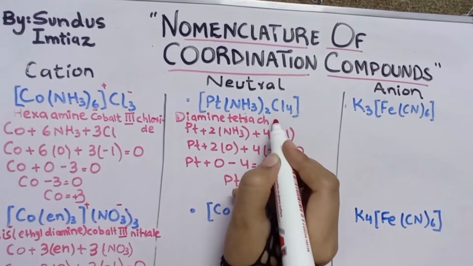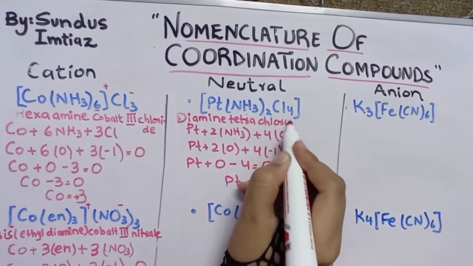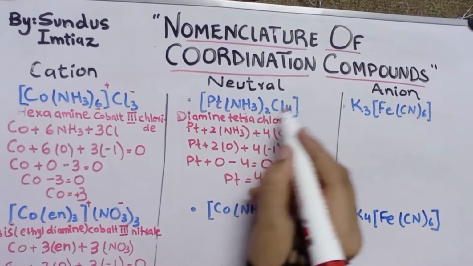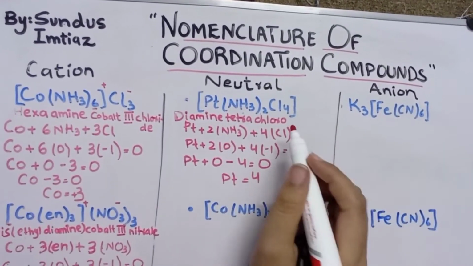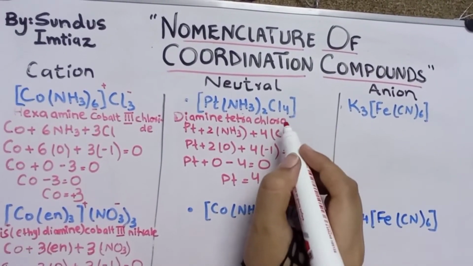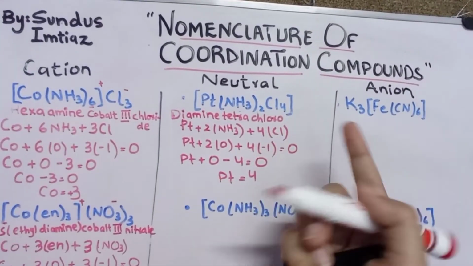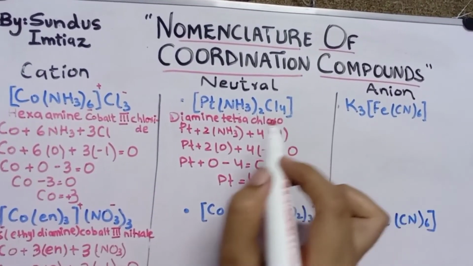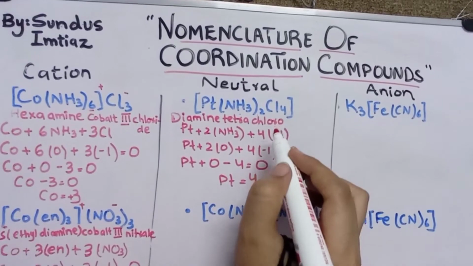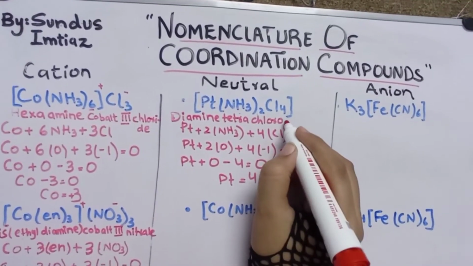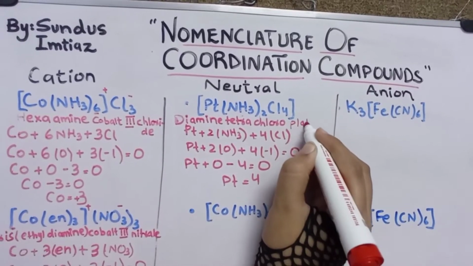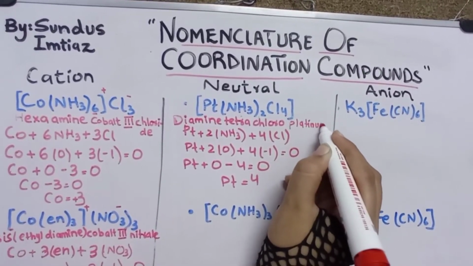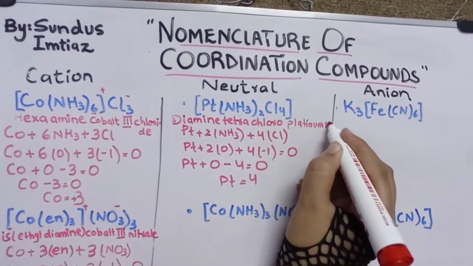For chloride we will write chloro. Why will we write chloro? Because the name is continued here. It is a neutral compound and the name is not stopped here. If the name stops, we write chloride, nitrate, and end it. But if the name continues, then chloro, bromo, etc. Then platinum, and in Roman numerals we will write 4 as this.